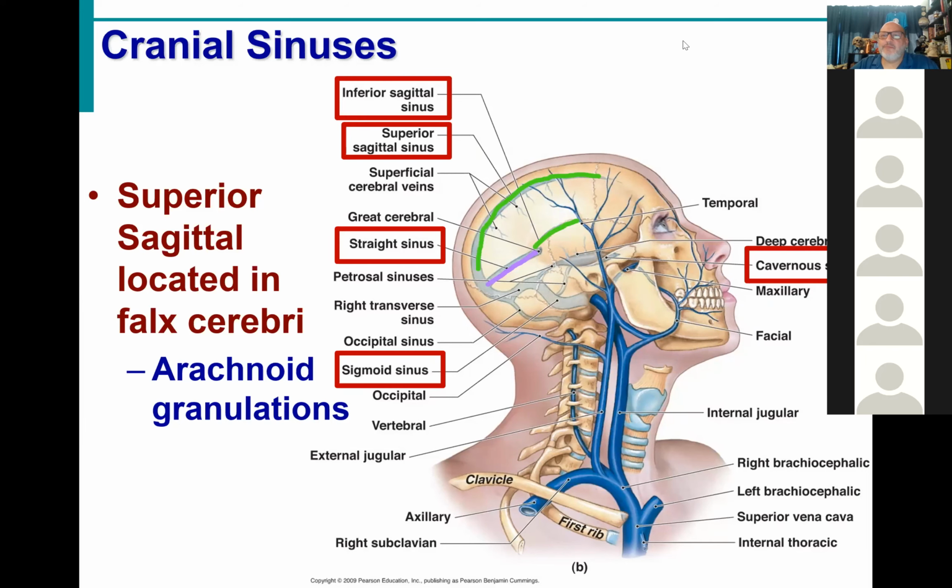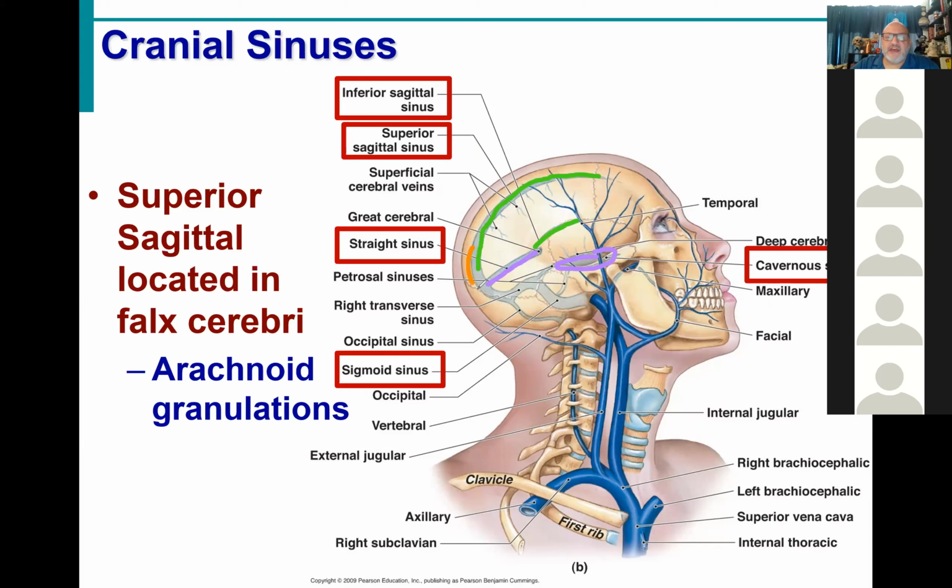There is also a big, large, dare I say, cavernous sinus located just posterior to the maxilla, kind of by the orbit of the eye, known as the cavernous sinus. And notice all of these sinuses, what color? Change colors.